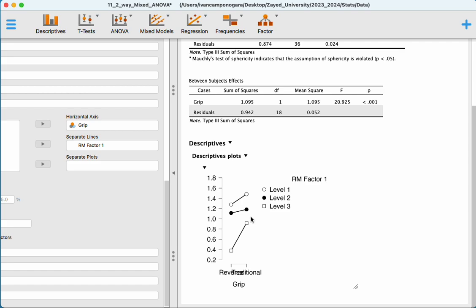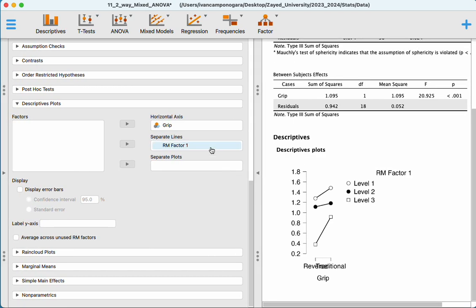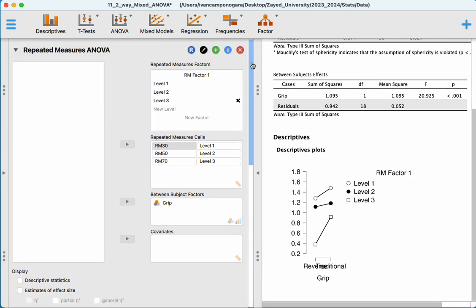So let's see what it means. These two dots are level 1, which corresponds to, let me check, the measure of the force after 30 days. And as you can see, the level of the force after 30 days is pretty high, independently of the grip.